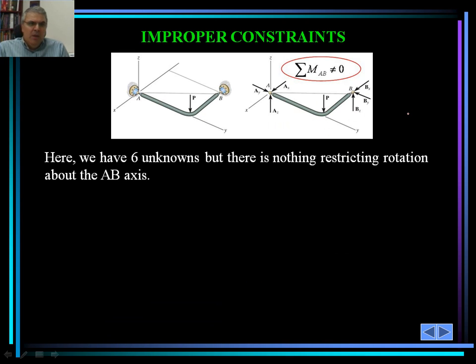Okay, so in an example here, we have 6 unknowns, but there is nothing restricting rotation about the AB axis for this particular structure. In this case, the summation of moment about AB is not 0. A structure like that would move under the application of load P. It's going to fail right away. And I've seen some of these computer games that are not very realistic.